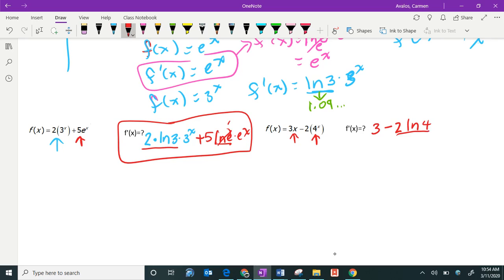This becomes the new coefficient times the function 4 to the x. I cannot combine these two because they are separated by a minus, and anything that's multiplied is attached to the 4 to the x. So this is separate from that. We do not combine these two together. And so that is your derivative right there.